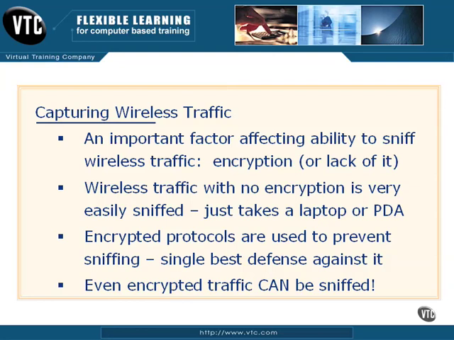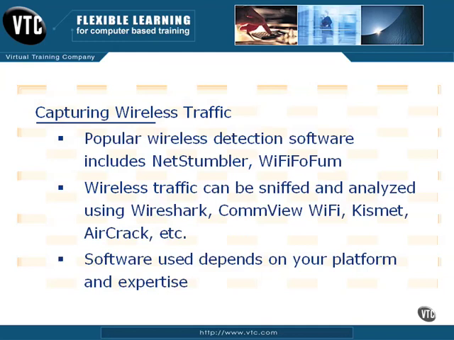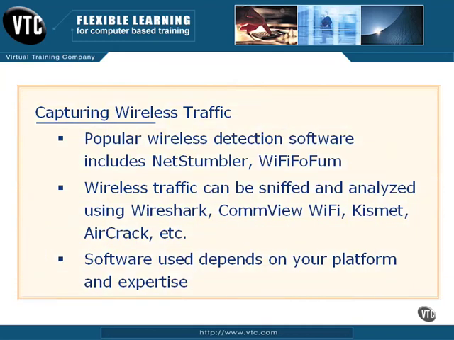Encryption is probably the single best defense against things like sniffing, man-in-the-middle attacks, and things of that nature. And encrypted protocols used with wireless are probably your best defense against someone sniffing a wireless network. Now, I do want to point out, however, that even encrypted traffic can be sniffed. It may not necessarily be decrypted, but it can be sniffed. You can capture it.